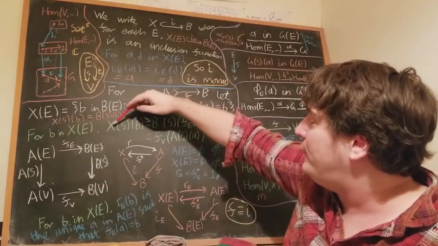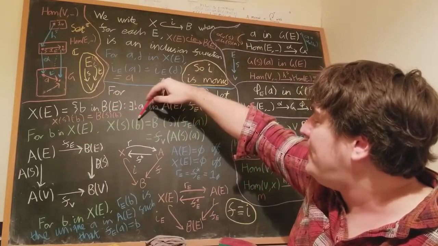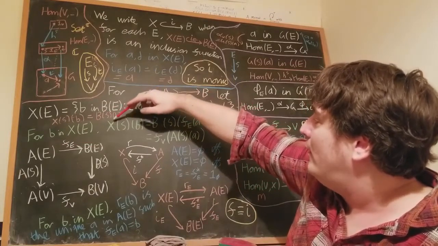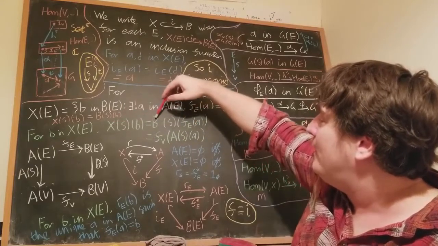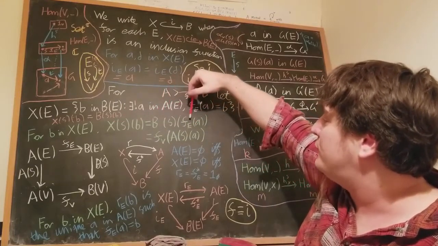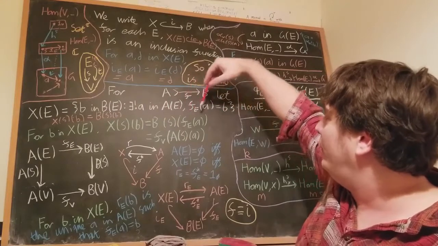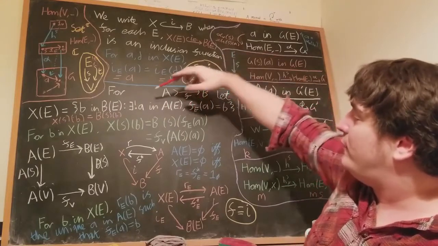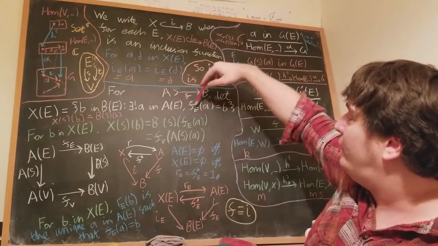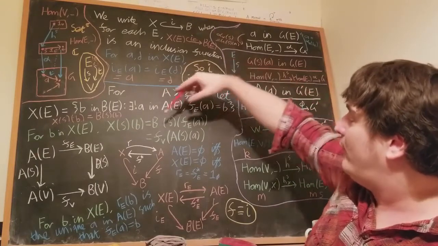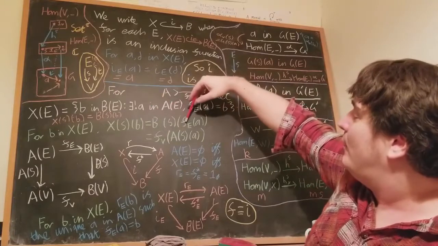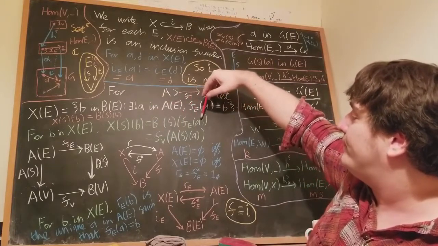What happens if we do x of s on b? Well, doing x of s on such a b, we can write that instead as doing b of s on such a little b. And for such a little b, we know that there exists this unique a such that f of e of a equals b. So we can replace this little b with f of e of a.